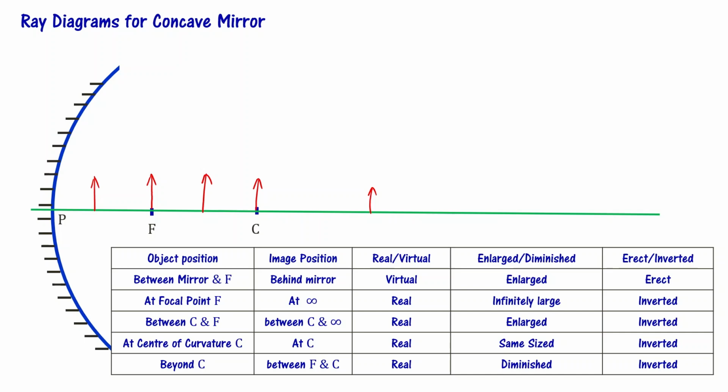In one case, it is infinitely large. In other cases, you have seen enlarged. This is the same size, this is diminished. In all these cases, the images are real, but here it is virtual, right? When it is virtual, it is erect, and when it is real, the image is going to be inverted, right?